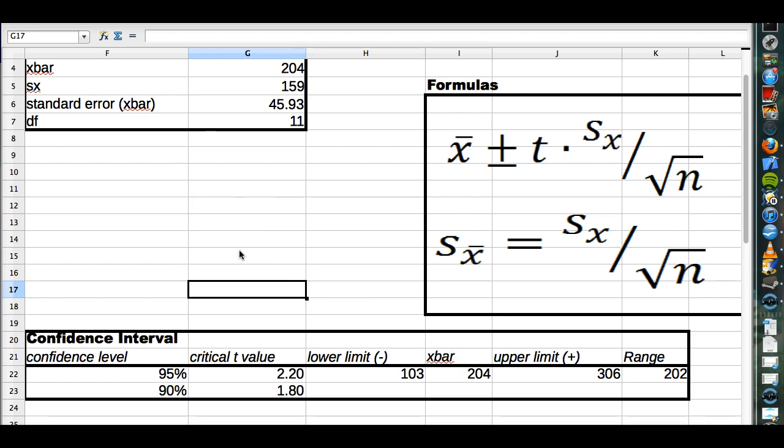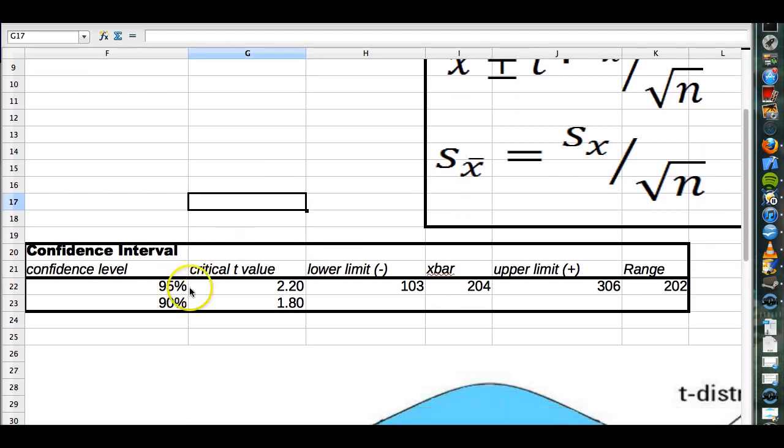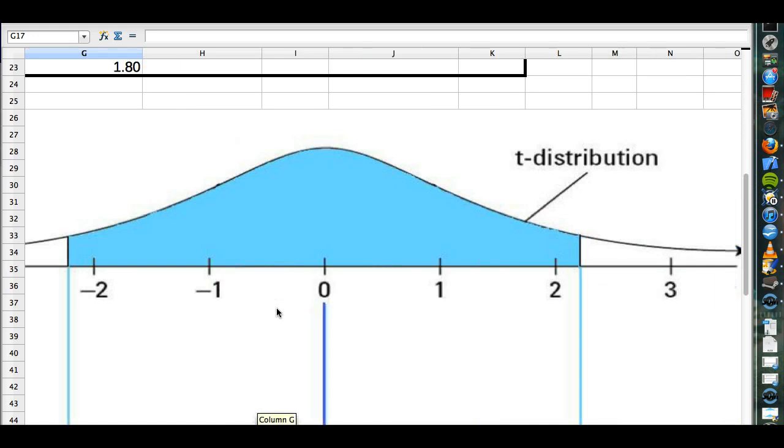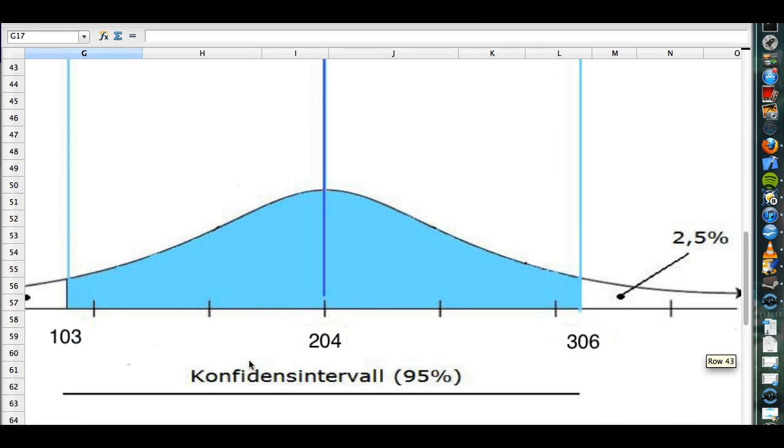It's a confidence interval. And what we're saying at 95% confidence level, well, that is a confidence interval that covers 95% of our distribution, and translated to a confidence interval, that means that we have our center point of 204 Facebook friends, a lower limit of 103 Facebook friends and an upper limit of 306.